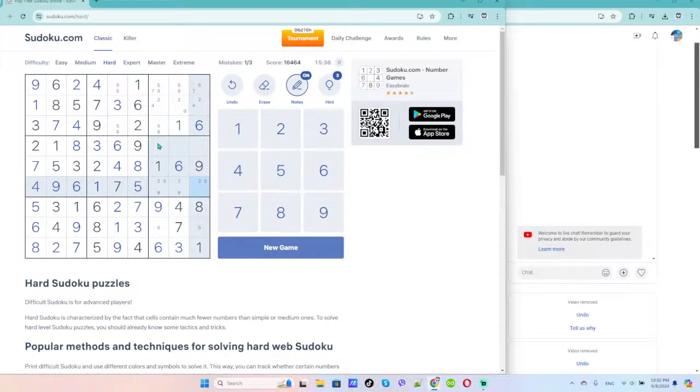And regarding these three cells, the missing numbers are 4, 7, and 5, 4 and 7. So I place a 5 here, not this one. And I just made the pair of numbers here and here.